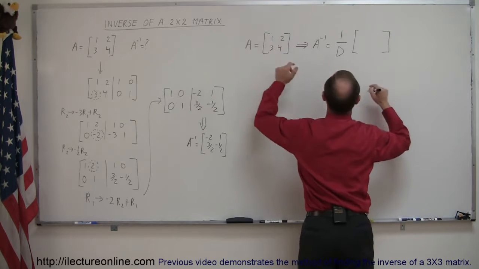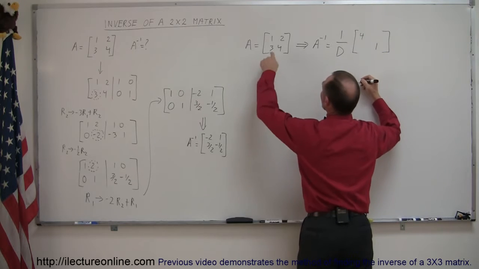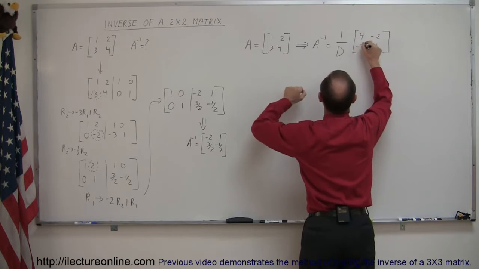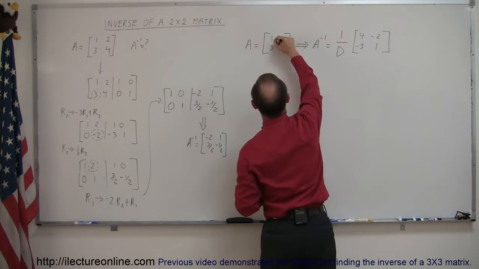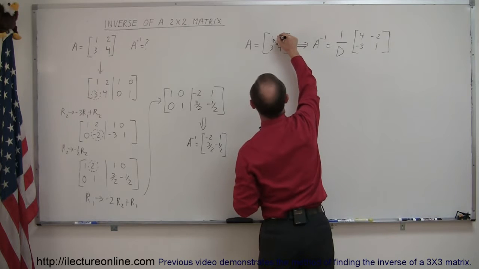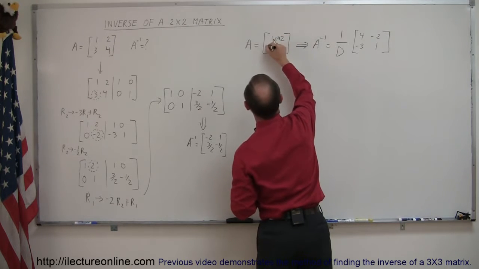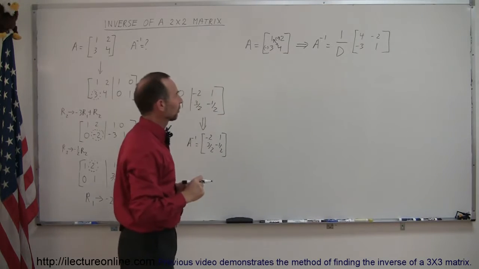So I'm going to switch those around. So the 4 goes up here, the 1 comes down there, and then we put negatives in front of these, so -2 and -3. So what we did was we're going to reverse these like so, and then we're going to put negative signs in front of these two, and then we get the inverse matrix.